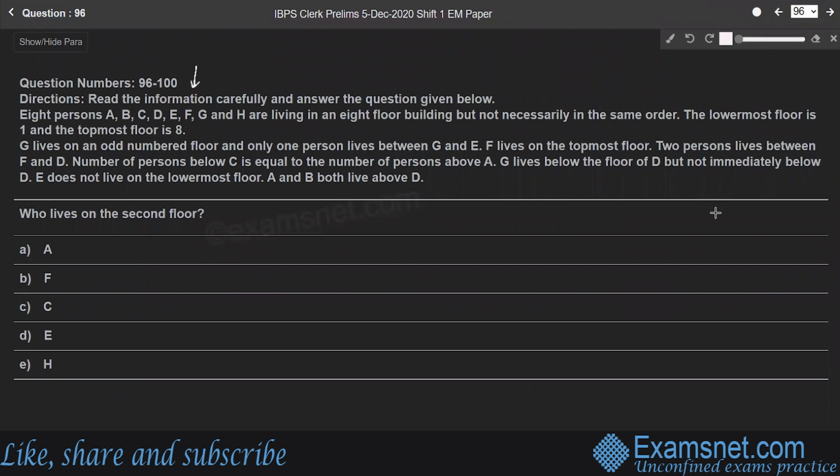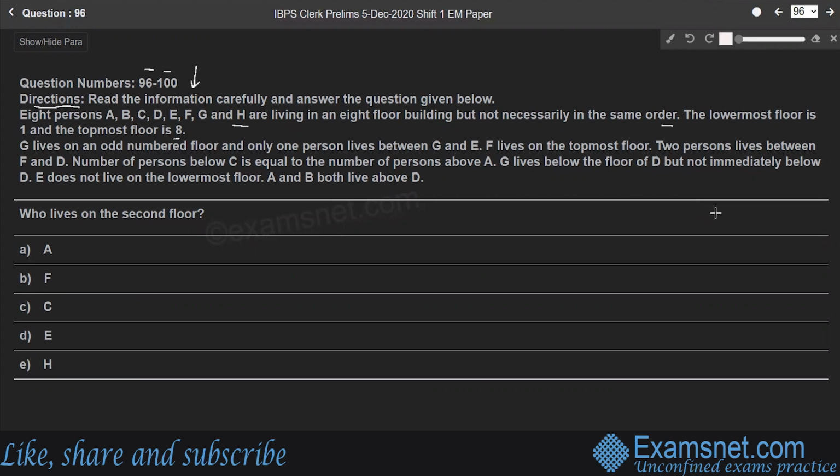Students, questions from 96 to 100. These questions are based on the below information. The direction is: read the information carefully and answer the questions given below. 8 persons A, B, C, D, E, F, G and H are living in an 8-floor building but not necessarily in the same order. The lowermost floor is 1 and the uppermost floor is 8.